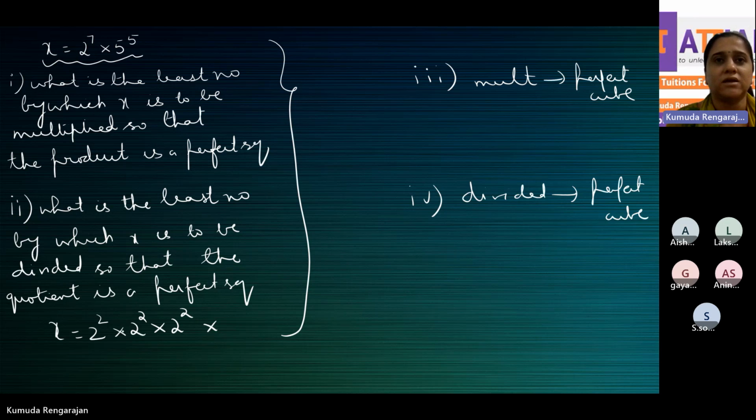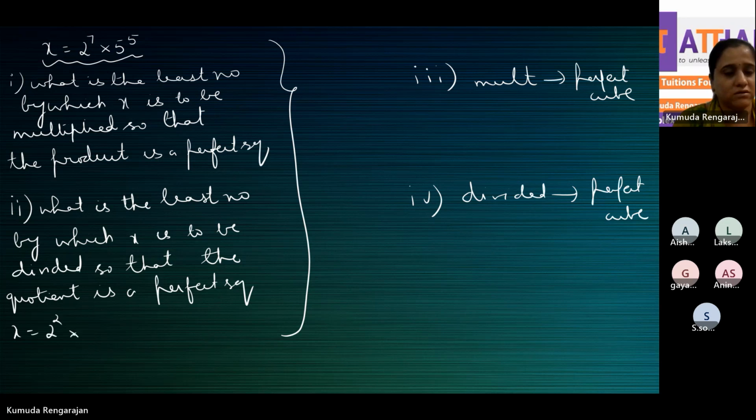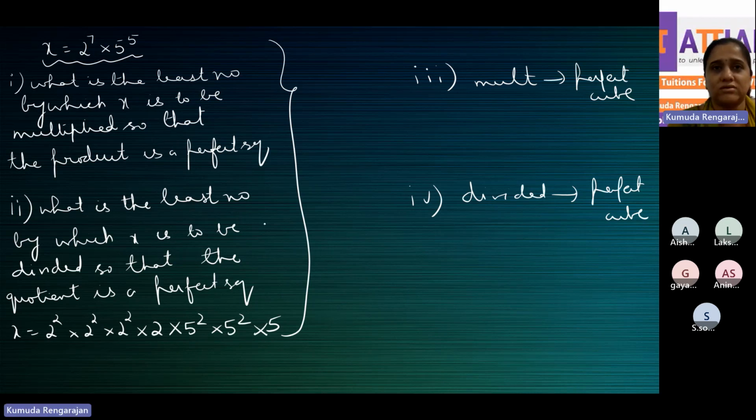How many times? 3 times and then 1, 2. So 2 square into 2 square into 2 square into 2. Then 5 to the power 5 is 5 square into 5 square into 5. Correct? Only then you can answer these two questions.